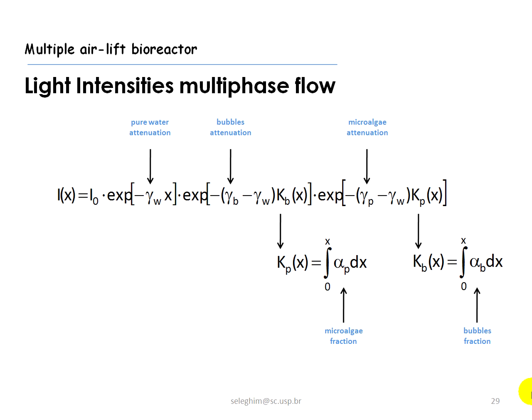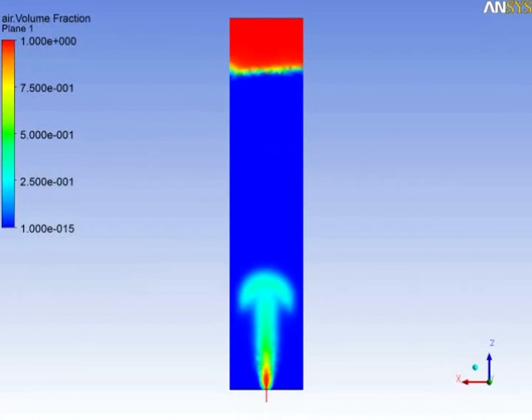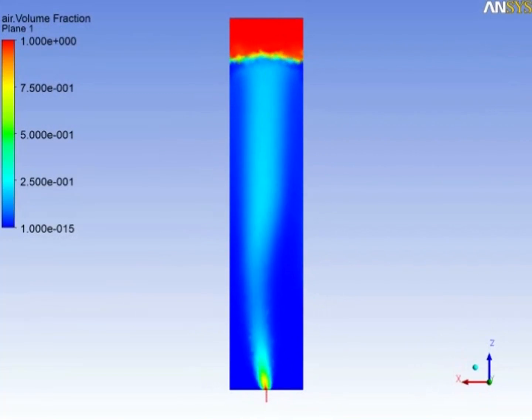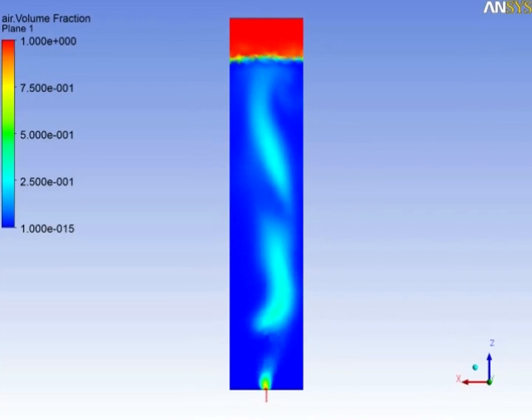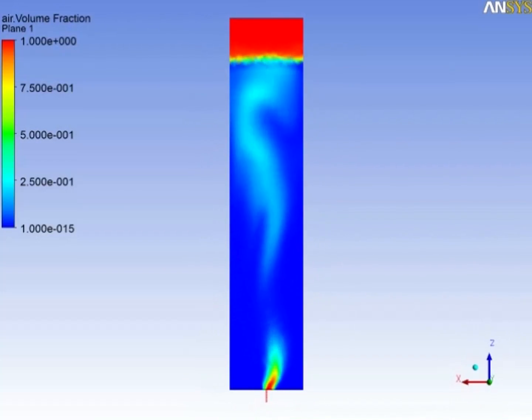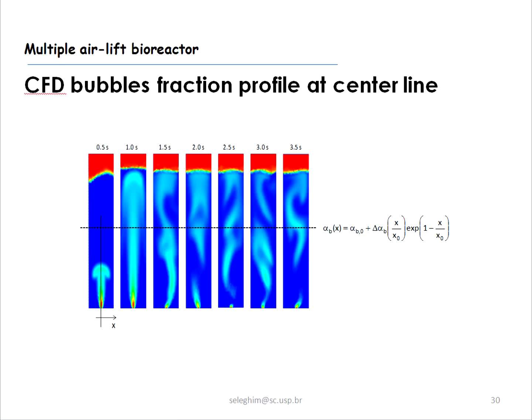And what we did to determine how these things work, we used our CFD. I don't know if I have to click here. Yeah, maybe. And what we did, we calculated the void fraction at this position here, and we adjusted an average void fraction curve, which can be done by this formula. So we adjusted these parameters, this one, and this one.